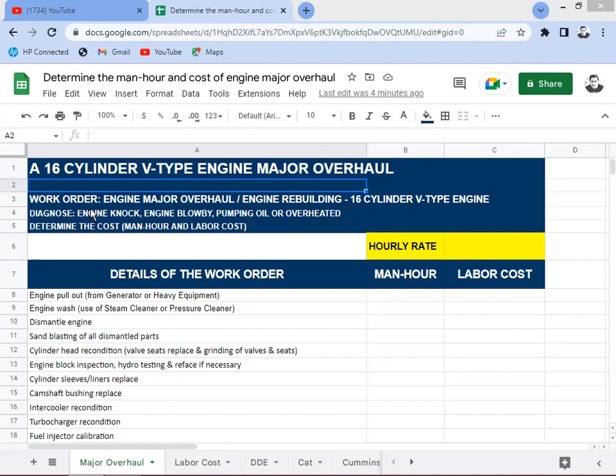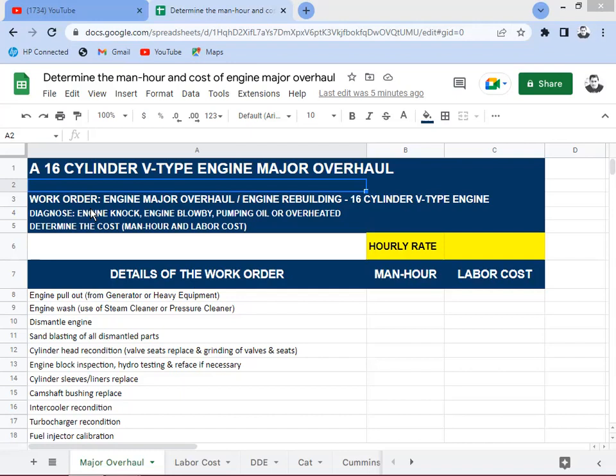Some managers call this a work order, and some call it a job order. It doesn't matter, they're all the same. The work order is for the engine major overhaul or engine rebuilding of the 16 cylinder V type engine. This is a huge engine.